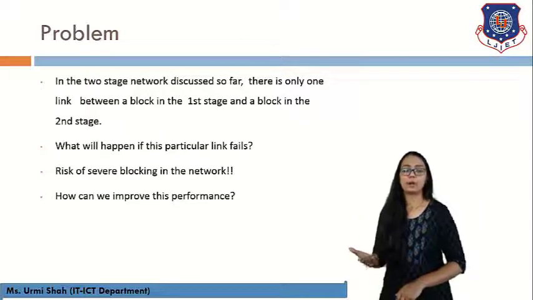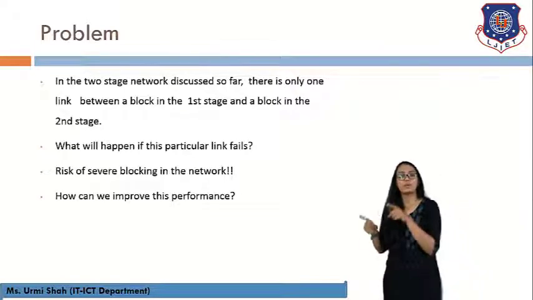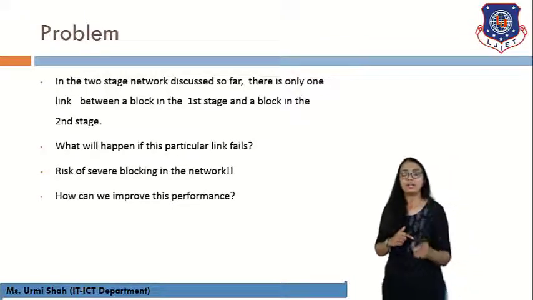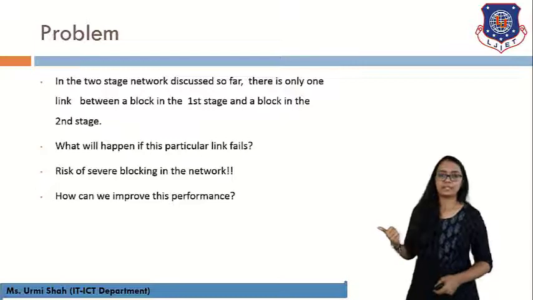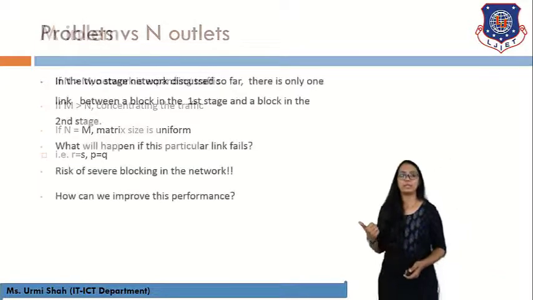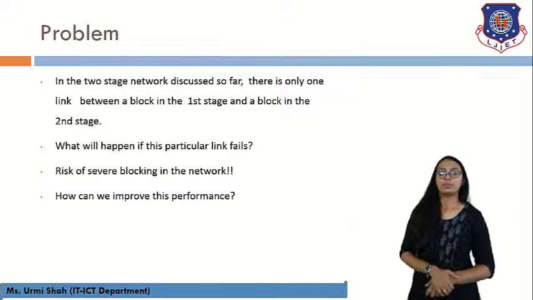Risk of severe blocking will arise in this network, and how can we improve the performance? So this is your task: how you will avoid the traffic or the blocking of the network based on the previous conditions which we have discussed, or based on the blocking probability criteria. So this is the question given to you.